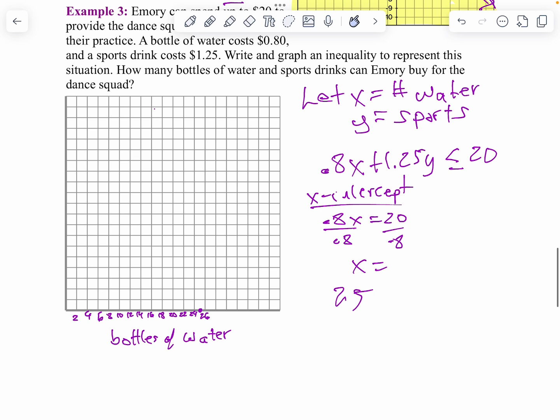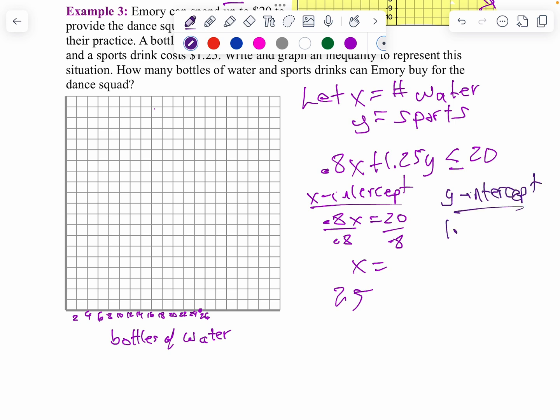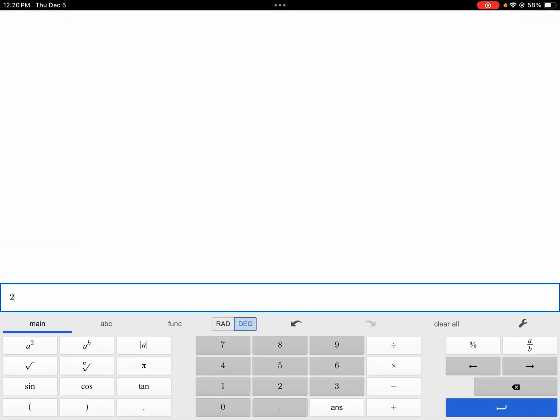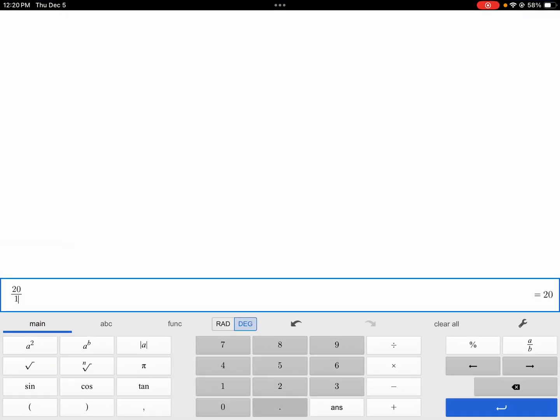And then let's find the y-intercept. So my y-intercept, I'm going to say 1.25y equals 20. So we divide by 1.25. 20 divided by 1.25 is 16.